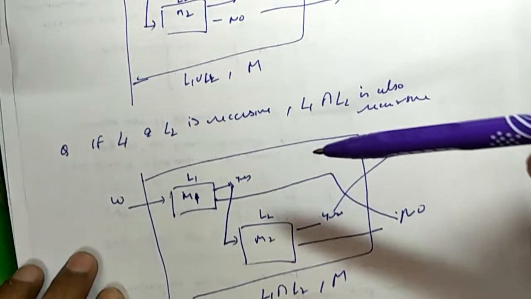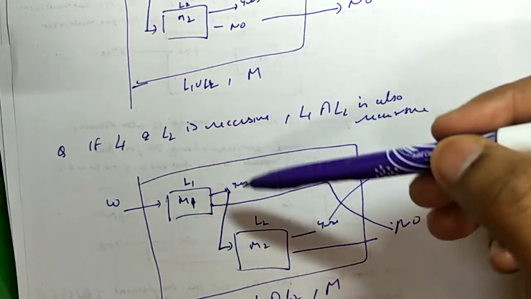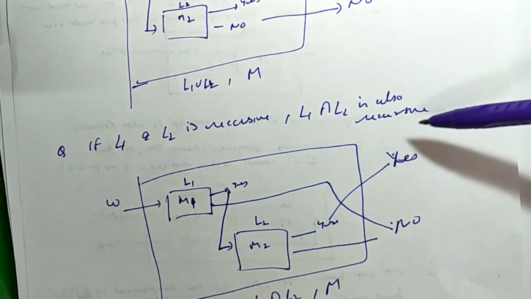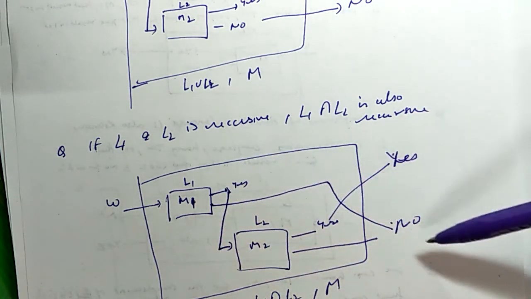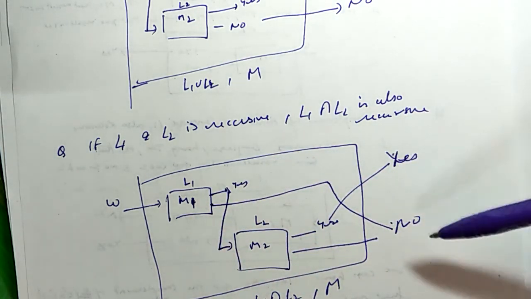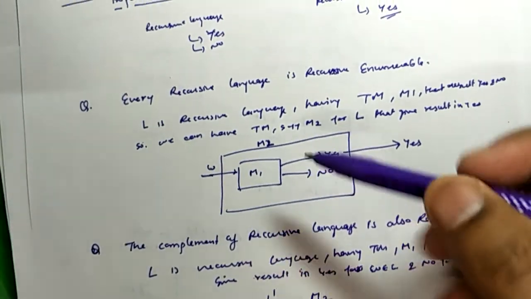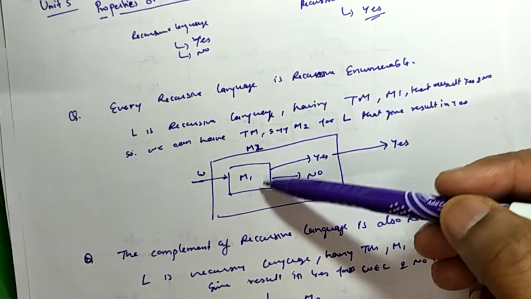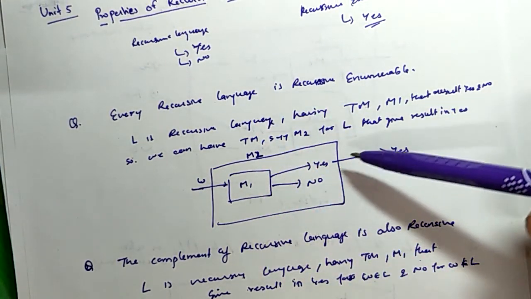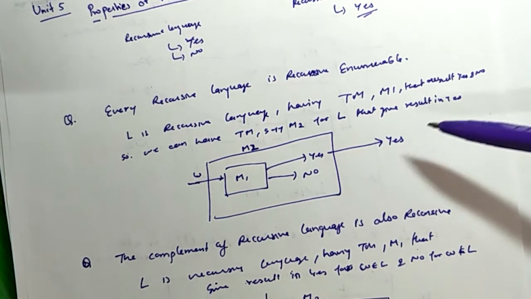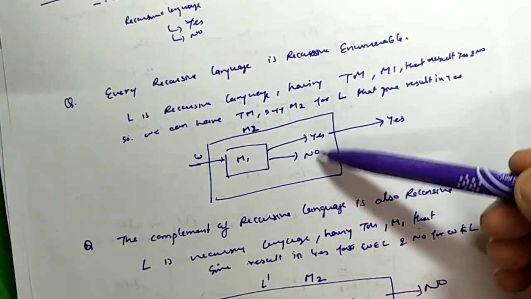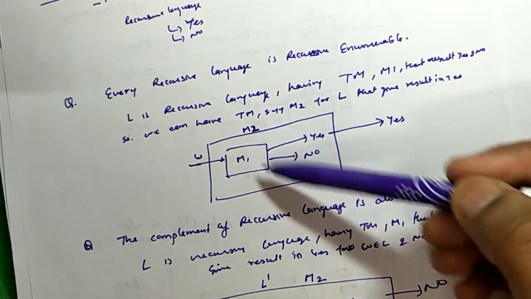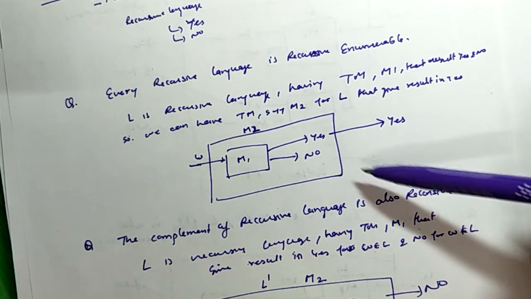In case of intersection, it should be accepted by both first and second, or it will be rejected by either the first or second. So we will get yes and no here. If we get yes for the recursive language, then we are getting yes for the recursive enumerable language also. We are not sure about this no. So it is rejected by M1, so it may be in a loop for M2.